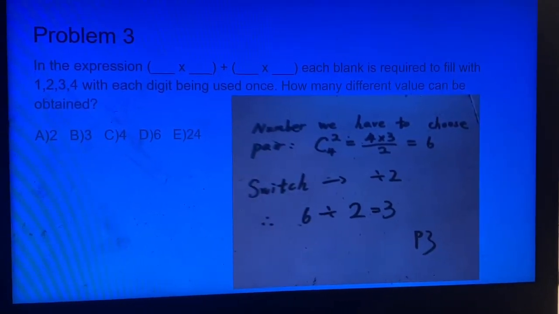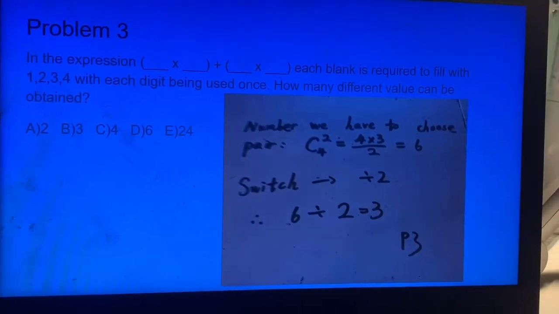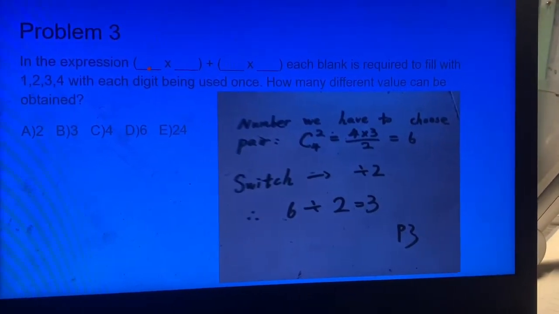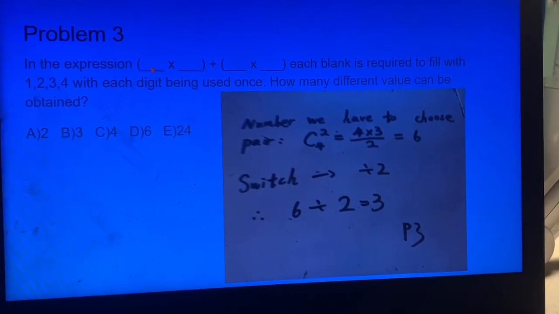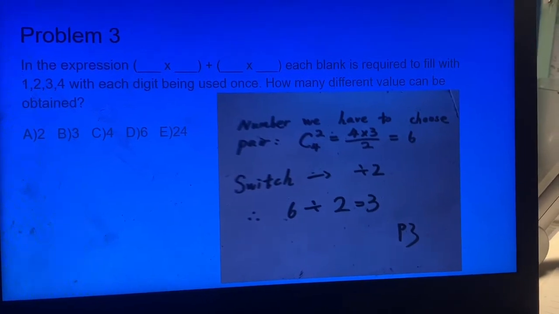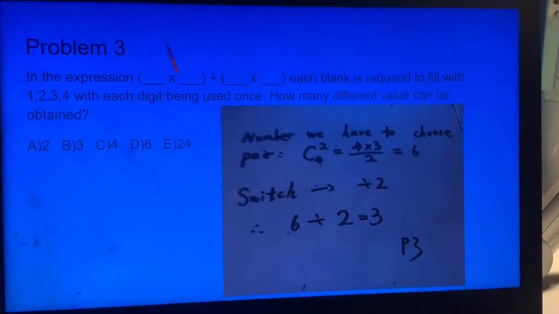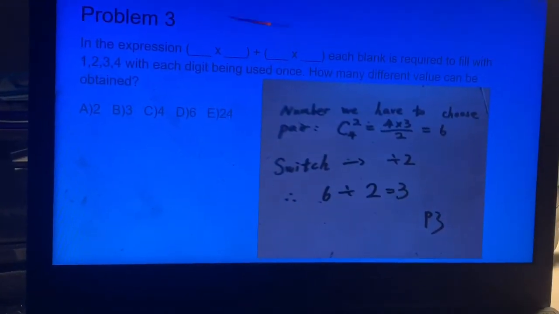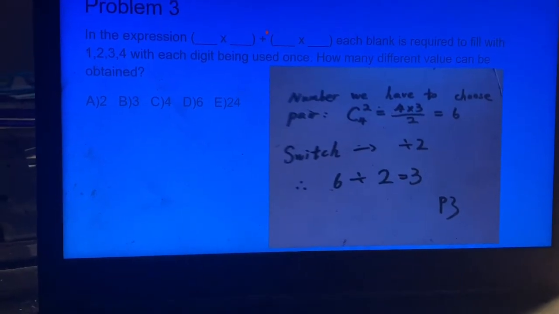So we know that A times B is equal to B times A, right? So we only need to choose the first two numbers here without order, and then the other two can just be placed automatically.